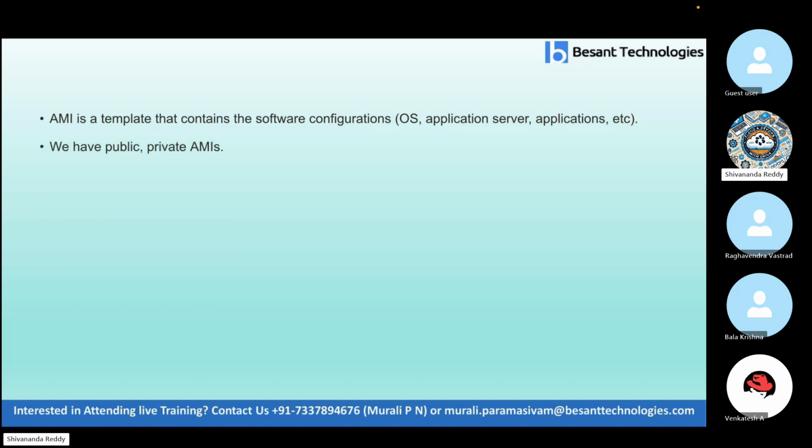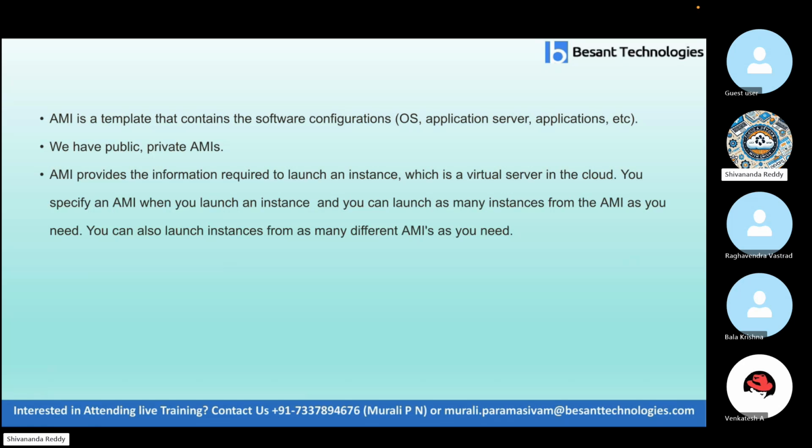We have public and private AMIs. An AMI provides the information required to launch an instance, which is a virtual server in the cloud. You specify an AMI when you launch an instance, and you can launch as many instances from the AMI as you need. You can also launch instances from many different AMIs.